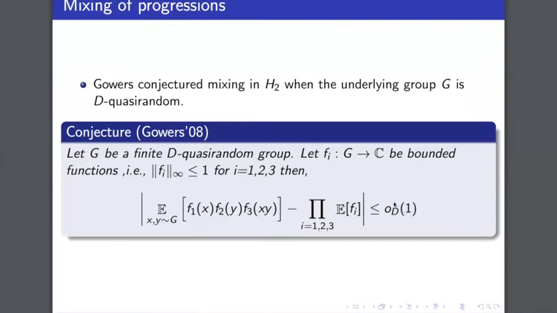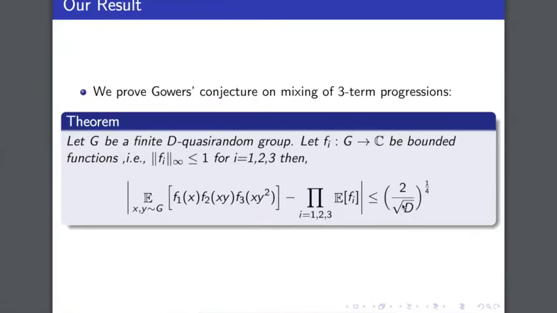This is the conjecture by Gowers for the hypergraph H2, and we'll refer to it as the conjecture on mixing of three-term progressions. And our main result in this paper is that we prove this conjecture for all d-quasi-random groups.